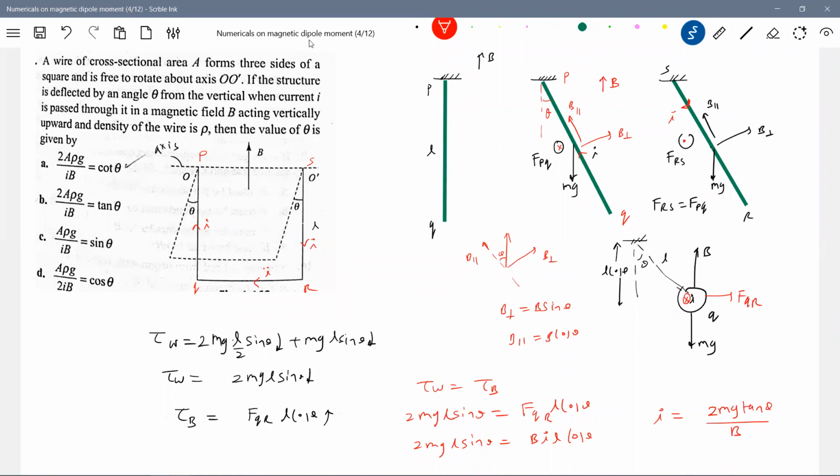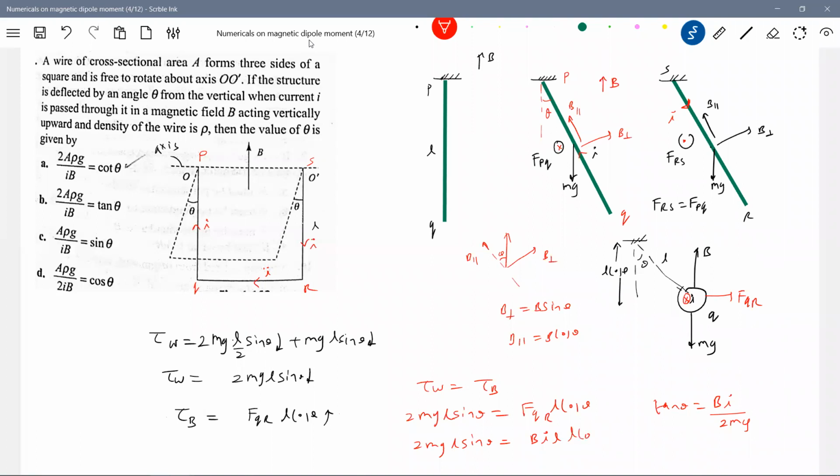The value of theta is what is asked. Tan theta is equal to BI, we'll simplify: tan theta equal to BI by 2 mg. What is M? M is what we assumed, so that should be equal to density rho A. One more L will come here, no?